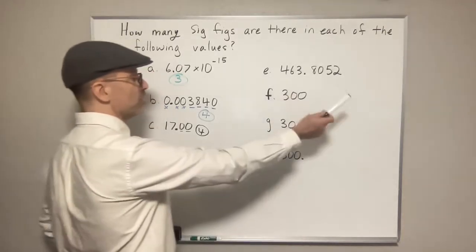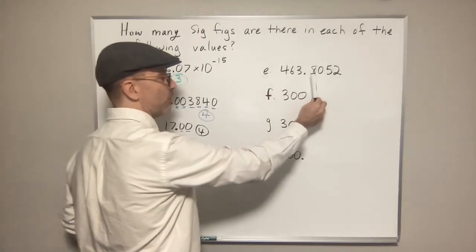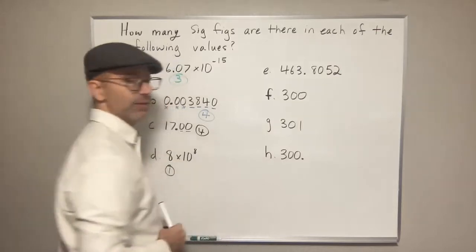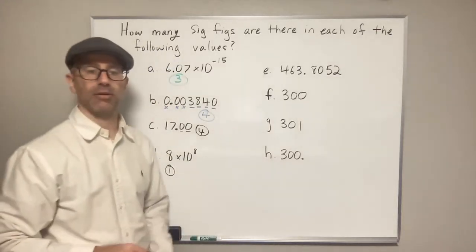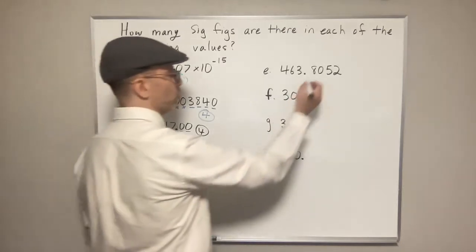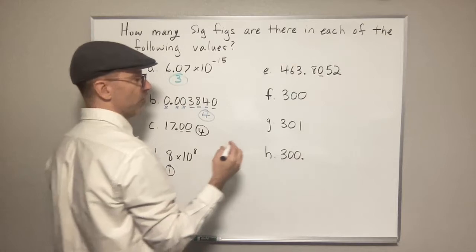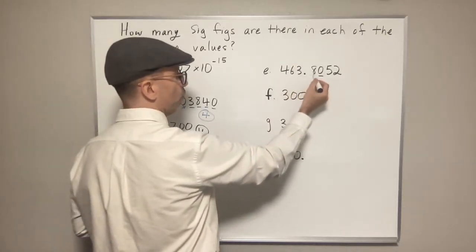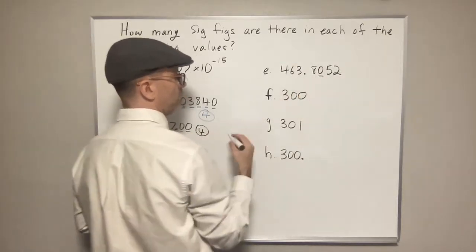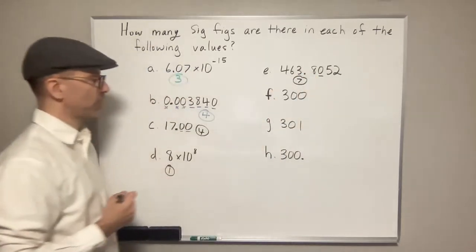Coming up to here, the 0 we see is sandwiched between the 8 and the 5. And again, what do we say about sandwiched zeros? They're always significant. So this one is significant. All of these are non-zero numbers, so those are all significant. So we have 3, 4, 5, 6, 7. So this is 7 significant figures.